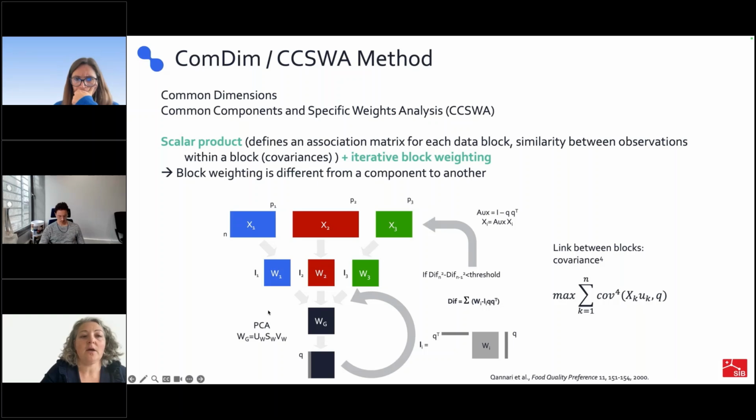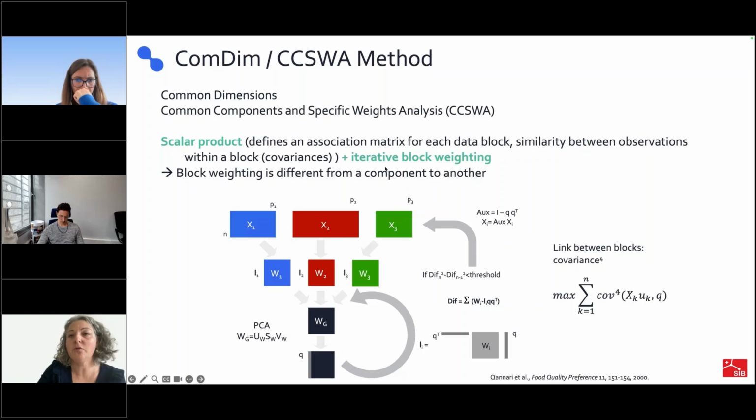Then you do a scalar product with these different matrices. Each of them will have a weight of 1 to start, and then this weight will be iteratively adjusted. So the block weighting will be iteratively adjusted.